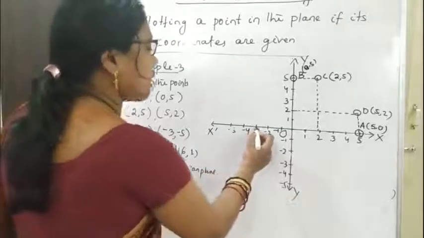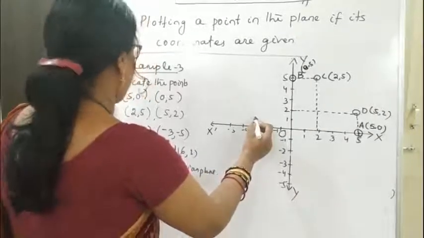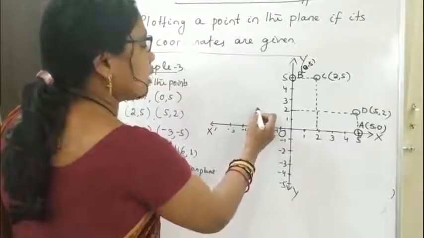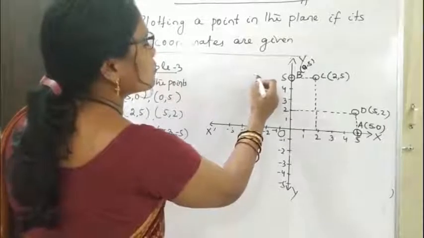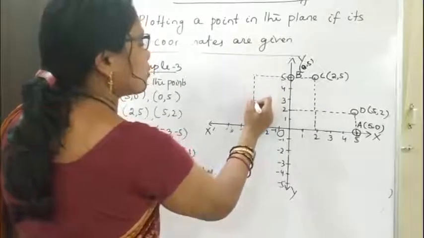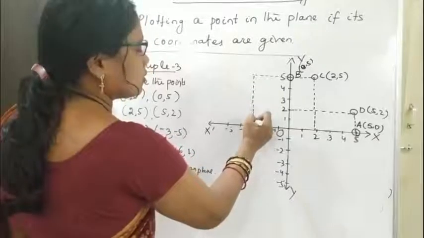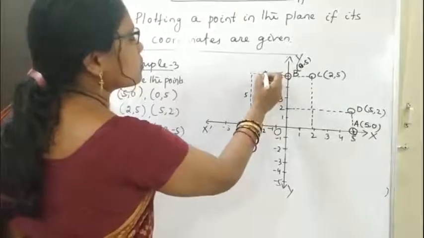So from this -3 point we have to move in the positive direction: 1, 2, 3, 4 and 5. So like this. So you have to draw the perpendicular lines. So here this distance is 5 units and this is 3 units.